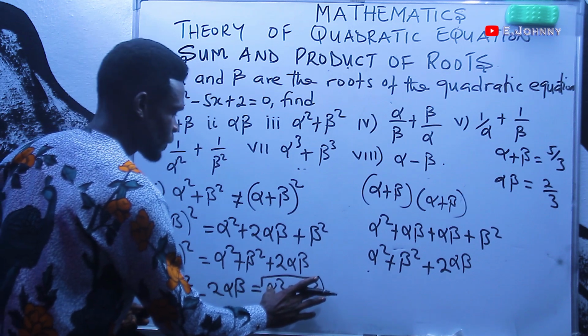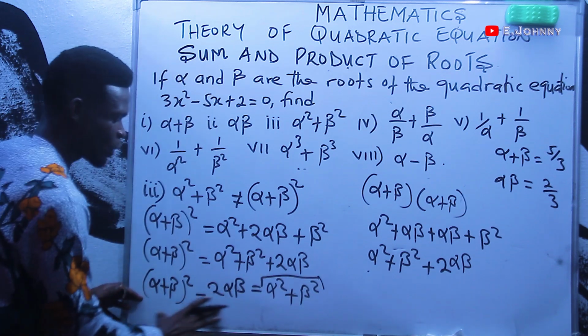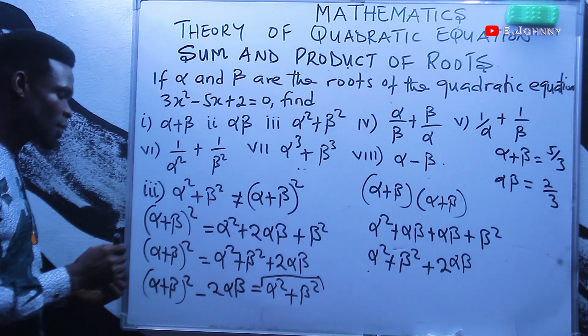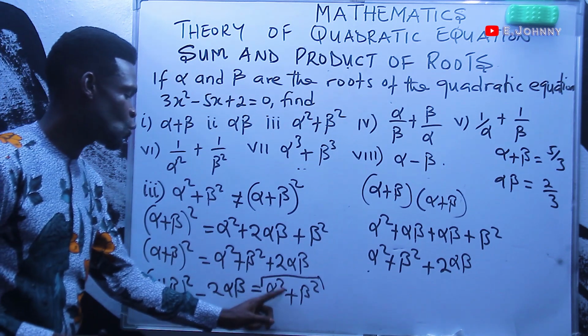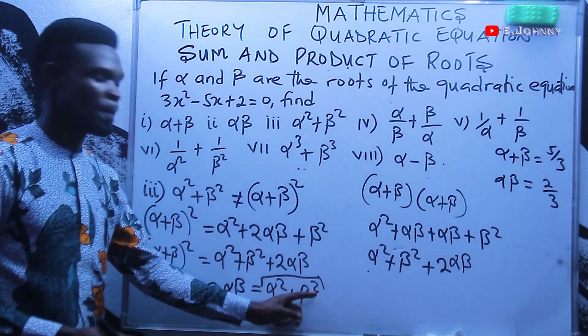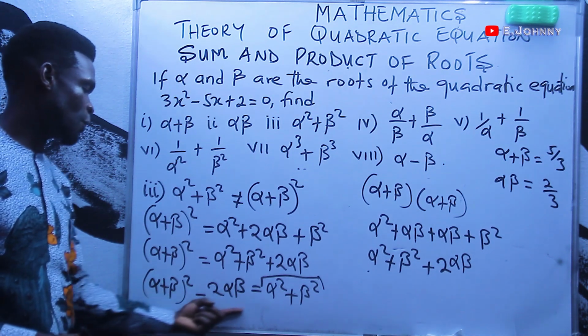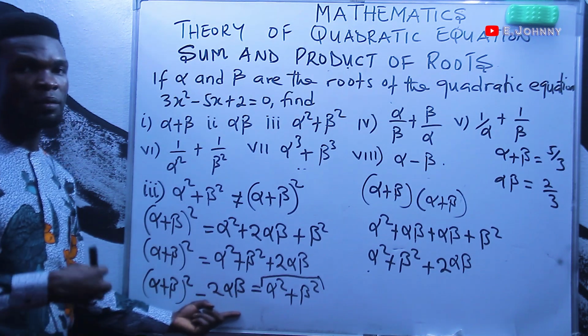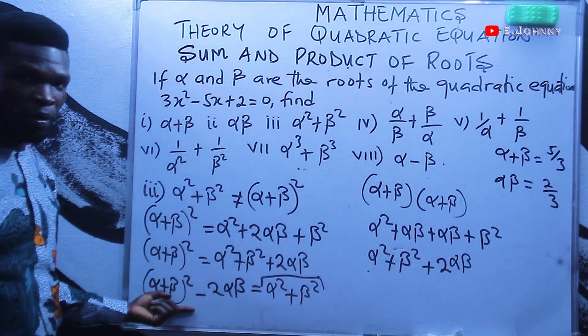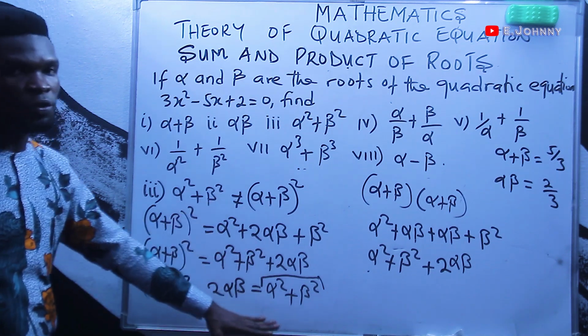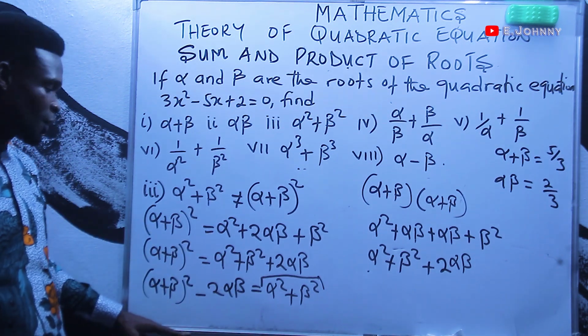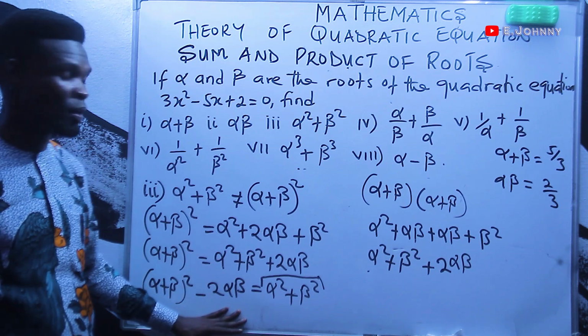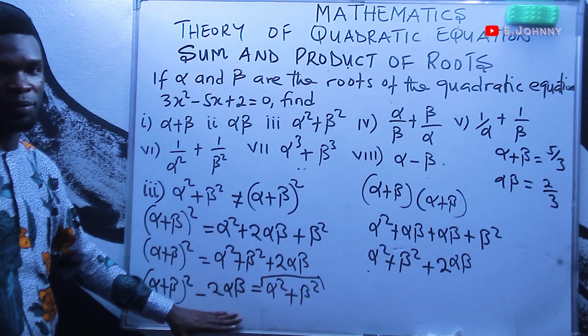So after expanding, this is exactly what we get, which implies that anytime you are looking for alpha squared plus beta squared, always use this formula. You can cram it, or you can know how to derive it just like I have done. In case your cramming fails you, you can generate it for yourself.